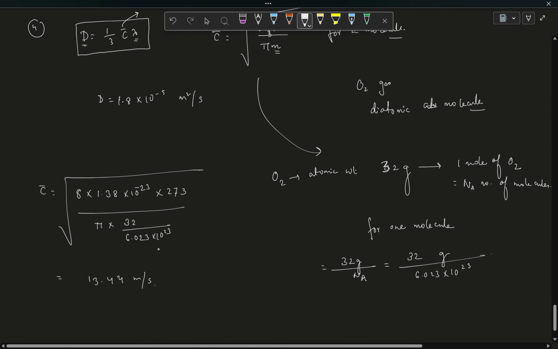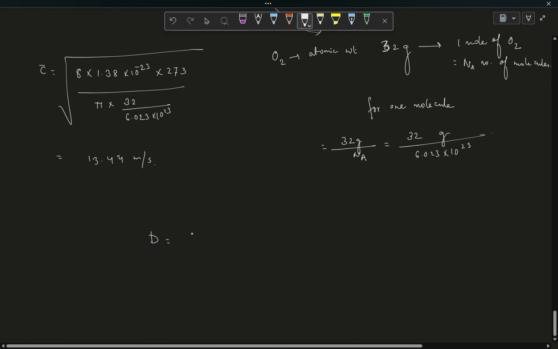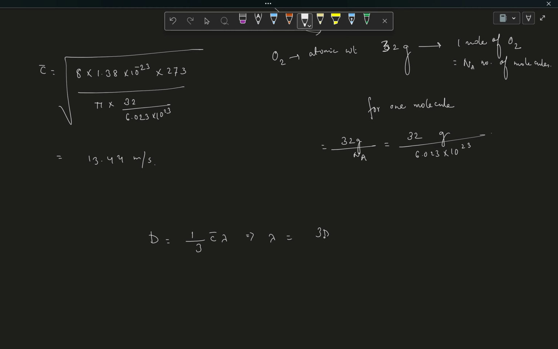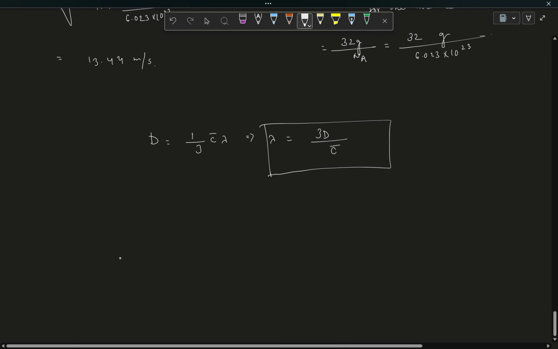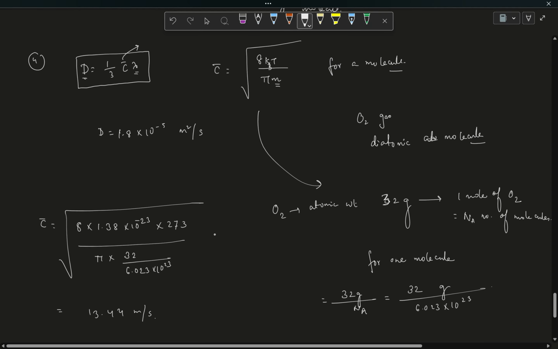Now once you know this, you use D is equal to 1/3 C bar lambda. That means your lambda will be 3D by C bar, right? So now the D value is given in the question, that it is 1.8 into 10 to the power of minus 5.